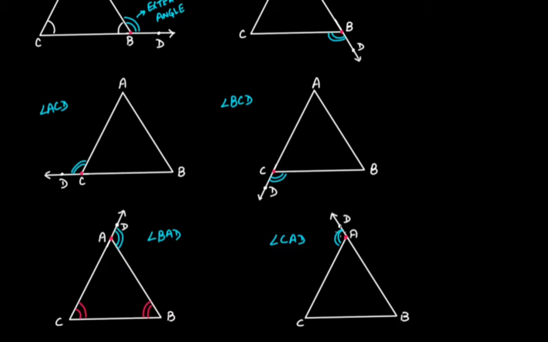At the vertex A you have the exterior angle, this is one interior angle and this is another interior angle. So angle C and angle B, in comparison to angle BAD, that is the exterior angle, are called interior opposite angles.